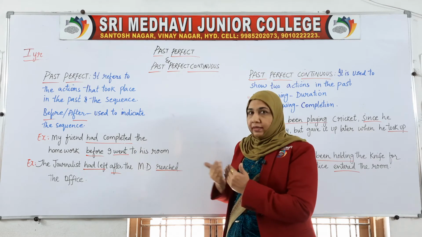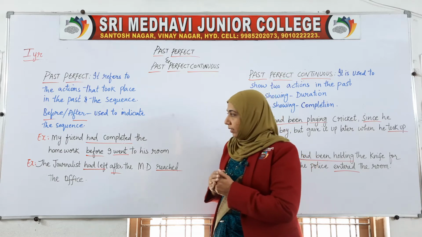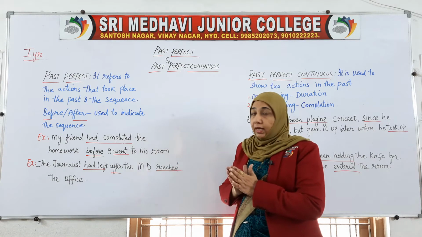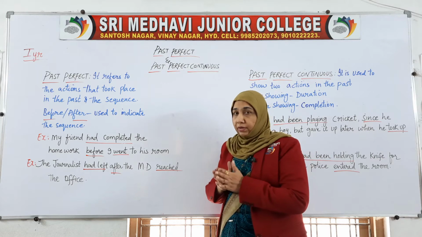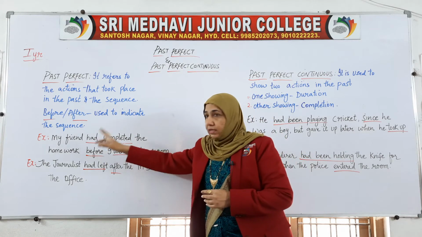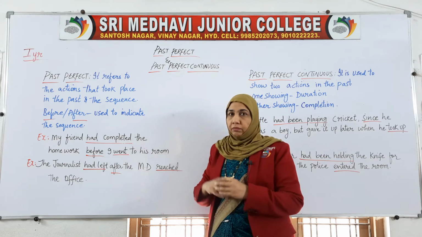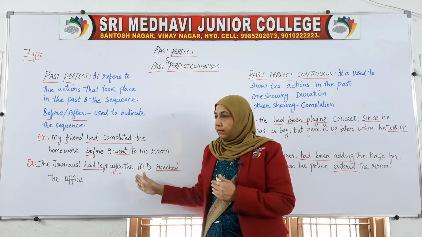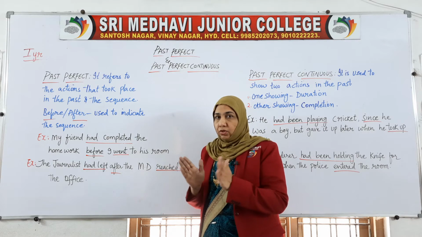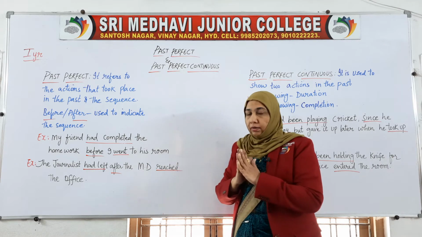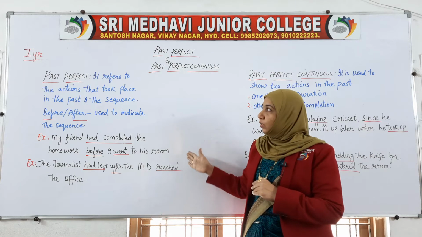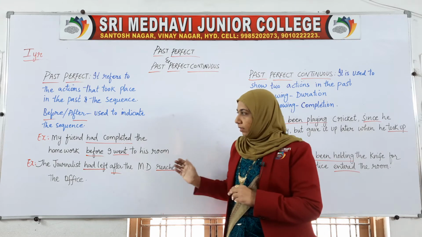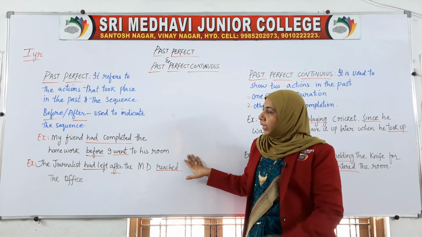So they are interrelated, and we get an idea by seeing before and after, and not only before and after, when we see this had it also denotes that we are reading sentences in the past perfect tense.